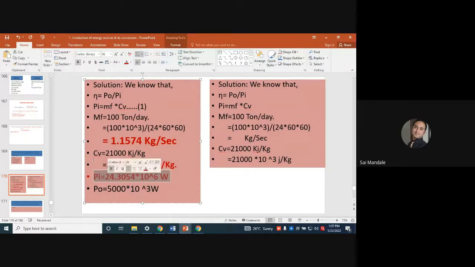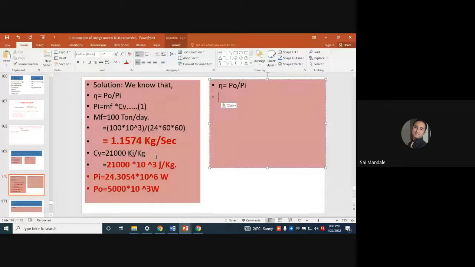So we have power input, we have power output, and if I wish to calculate the efficiency, let me put my formula again over here. Eta equals to the ratio power output upon power input. Please go ahead, help me with these calculations.